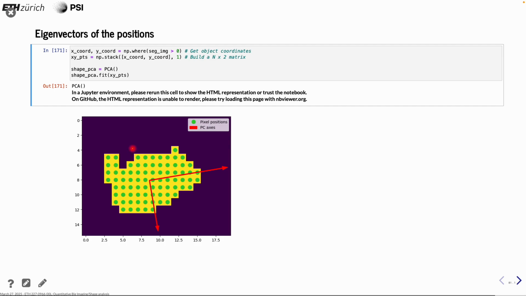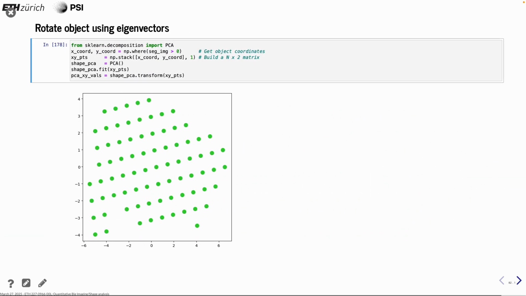By taking the coordinates we have in this image and doing the PCA analysis, the fitting, we can see that our principal component axes are oriented in a way that we would say from gut feeling that it would be rotated. So it actually makes sense. The math can help us find these best orientations. Afterwards we can of course apply the transform, and then it's rotated in the best way that we could get from this one.